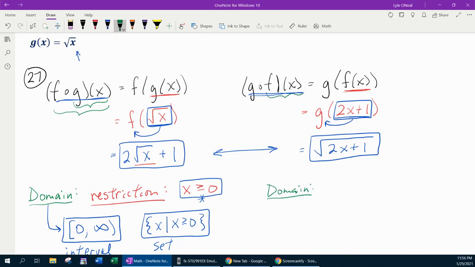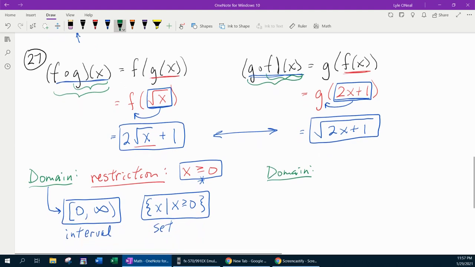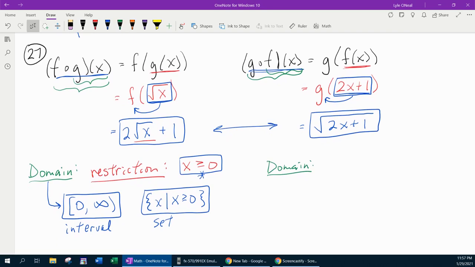So f of x was linear, which means f of x didn't have a restriction. But the composition answer has a square root, and so that's going to have a restriction. And so the domain is not going to be all real numbers.